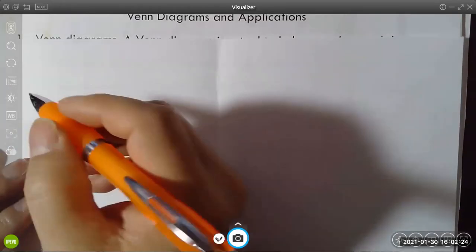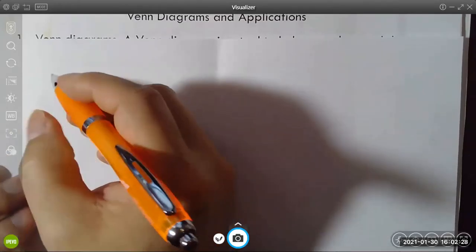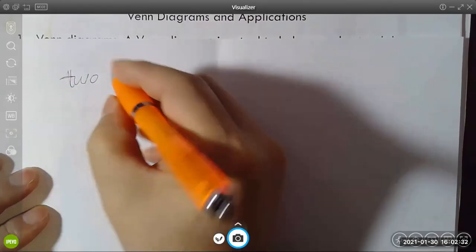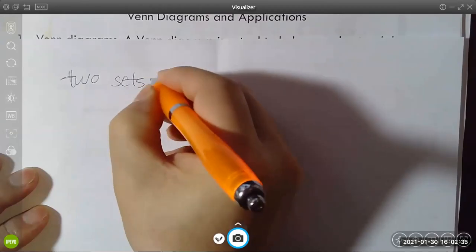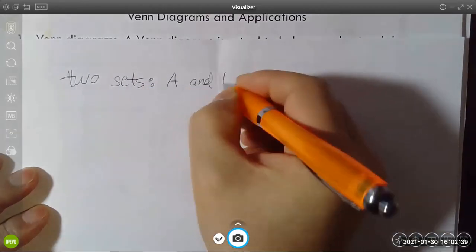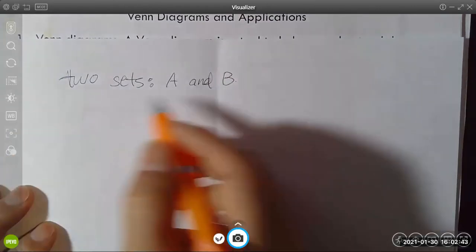If you have two sets, there are actually three scenarios. So let's take a look at that. If you have two sets, let's say A and B, there are three scenarios that relate these two sets.